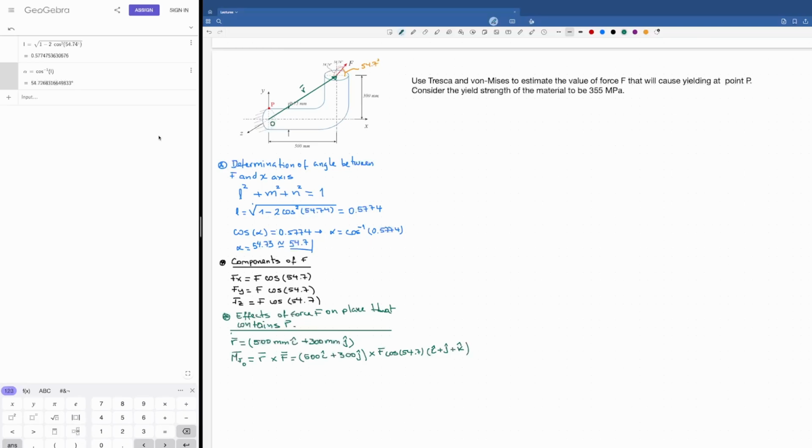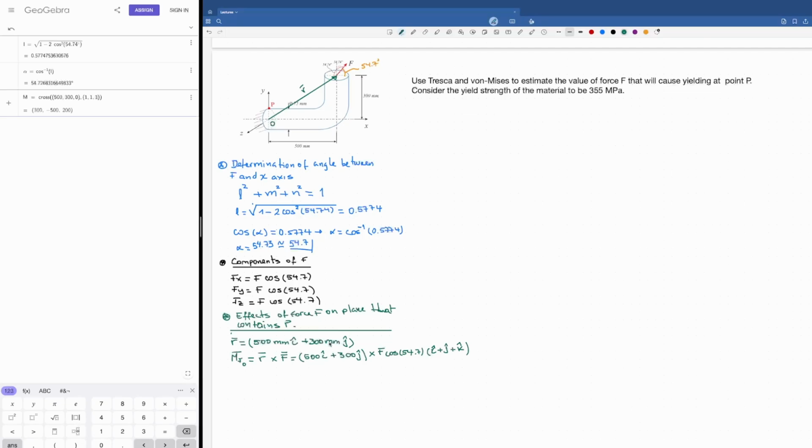Then beautifully, I like to say the word beautiful, I can come here and say, well, the moment is going to be equal to the cross product of two vectors. The first vector is going to be 500, 300, 0, because I have to count 0 in this formula, even though there is no value on the z-axis. And then the other vector is going to be 1, comma 1, comma 1.